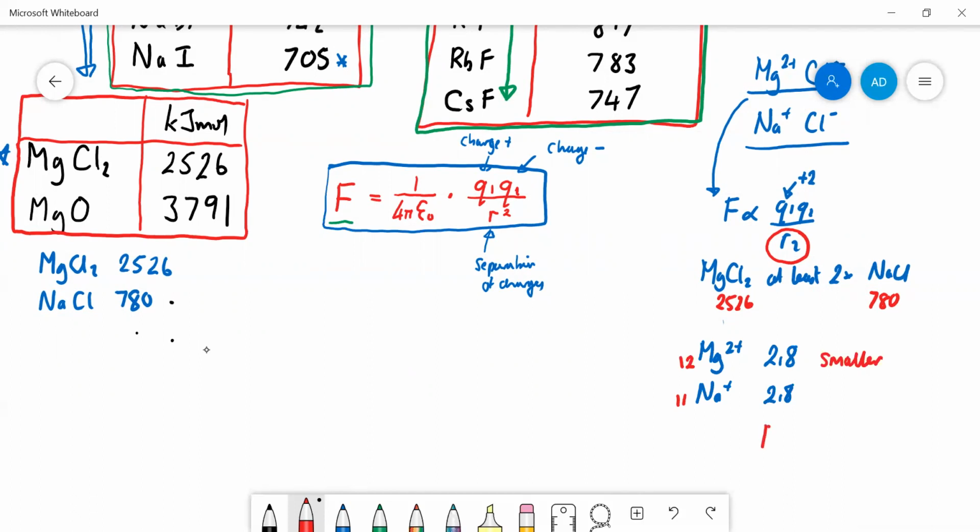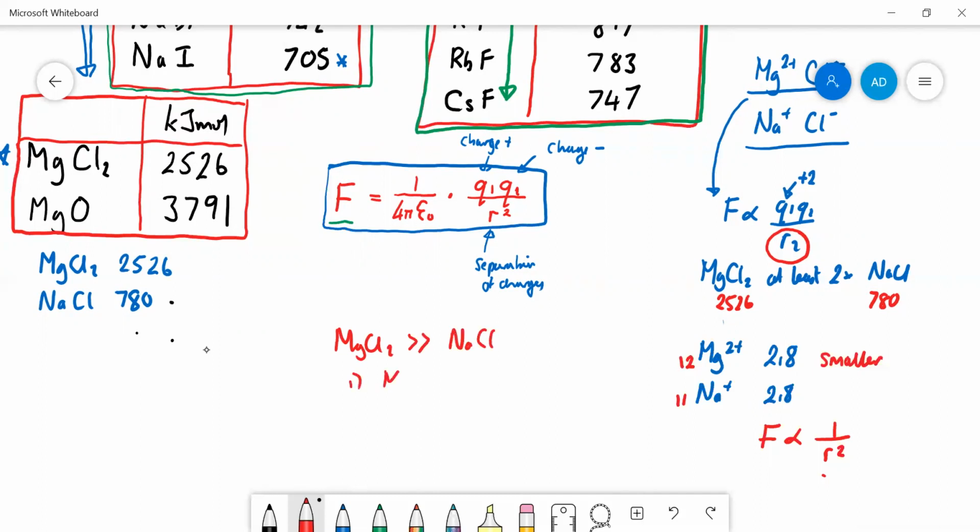And we've said before, force is proportional to 1 over r squared, where r is the separation of the ions. The separation in magnesium chloride is going to be smaller because the magnesium ion is quite a bit smaller than the sodium ion. So that also makes the lattice enthalpy bigger for magnesium chloride. The magnesium chloride lattice enthalpy is quite a bit bigger than sodium chloride for 2 reasons.